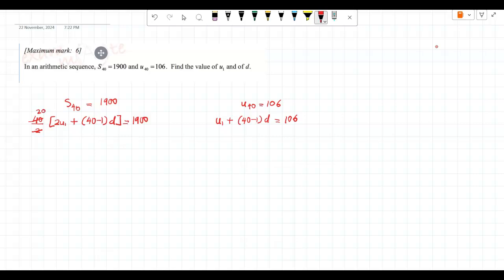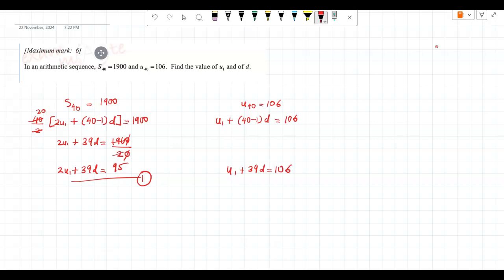So this is 20 over here. So 2U1 plus 39D is equal to 1900 divided by 20, which is 95. And this one will be U1 plus 39D is equal to 106.